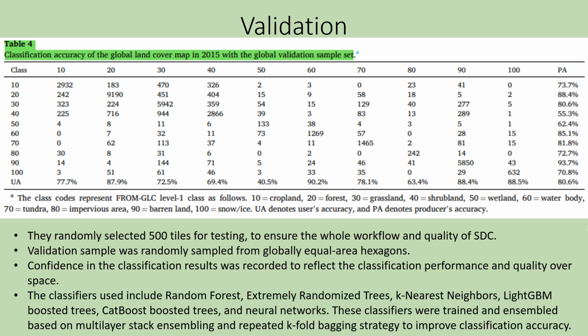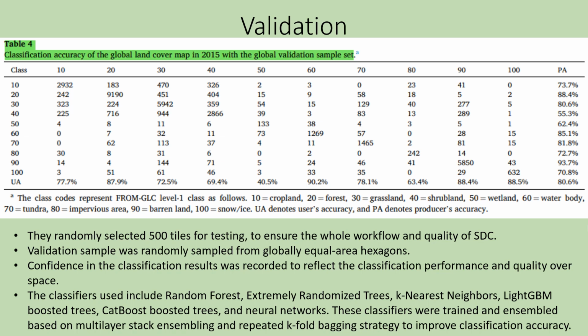They selected 500 random tiles for testing. The validation samples were randomly sampled from globally equal area hexagons. Confidence in classification results was recorded to reflect classification performance and quality over space.